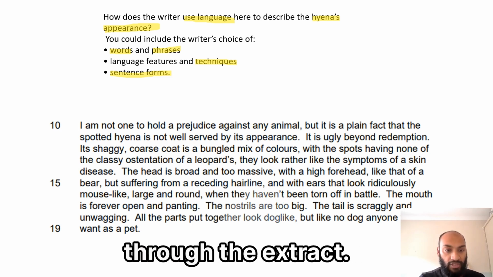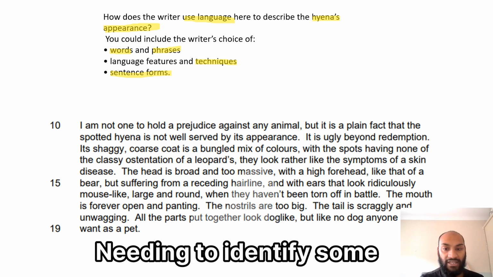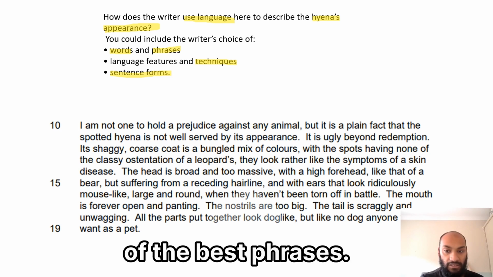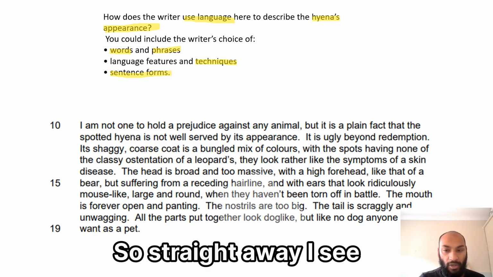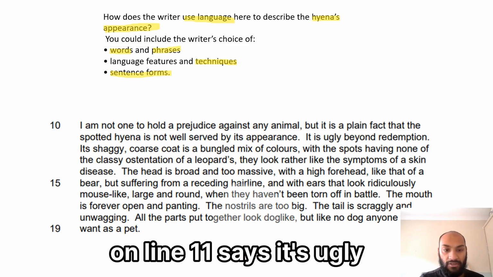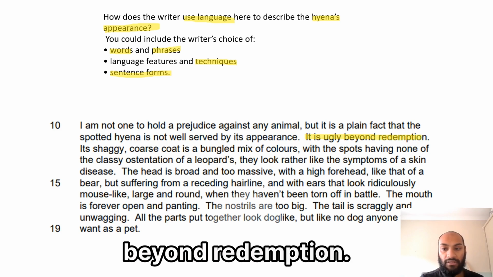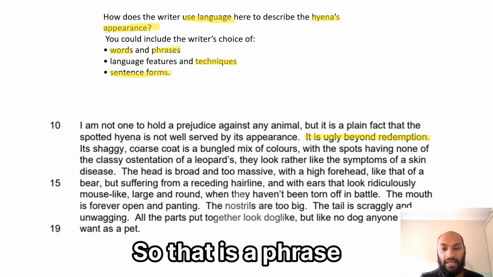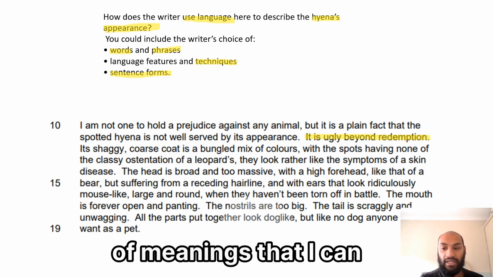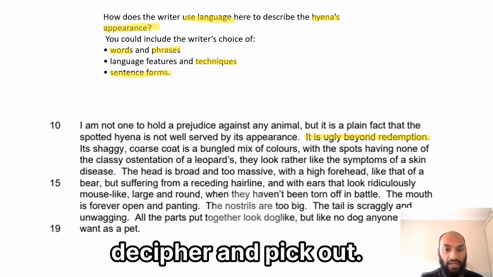So just going through the extract, needing to identify some of the best phrases. Straight away, I see on line 11 it says it's ugly beyond redemption. That is a phrase that's packed with a lot of meanings that I can decipher and pick out.